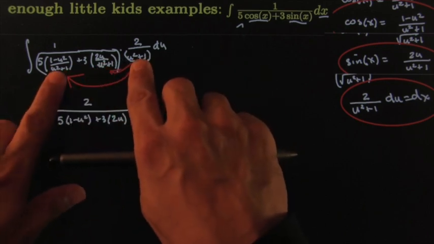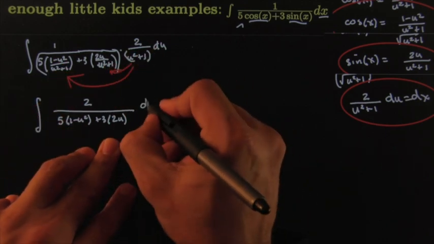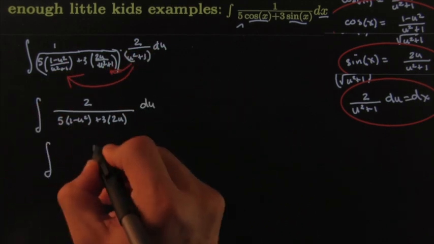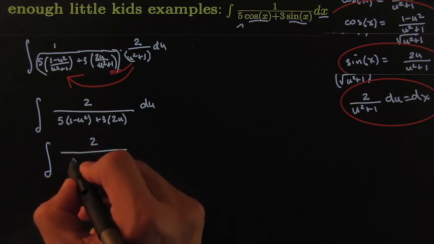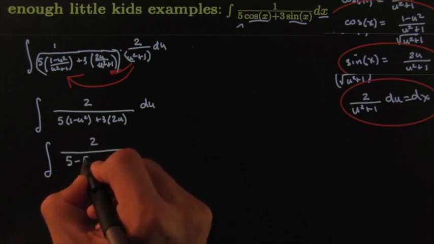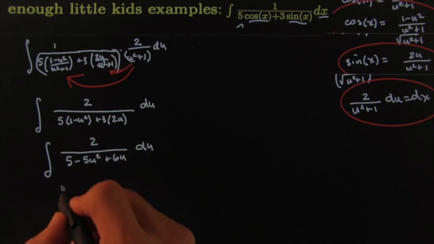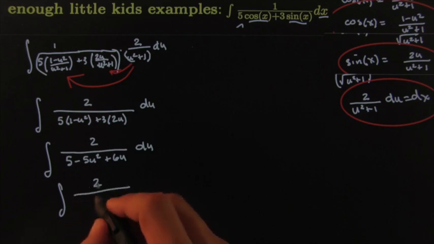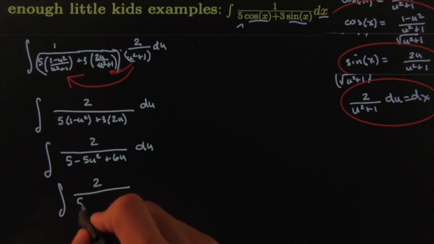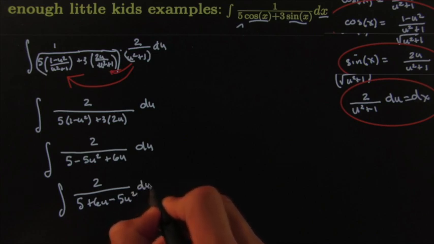It also cancels the denominator there. You're left with a du here, and amazingly, all we have now is just a polynomial in the denominator. It looks like 5 minus 5u squared plus 6u du, or let's just go with 2 over 5 plus 6u minus 5u squared du.